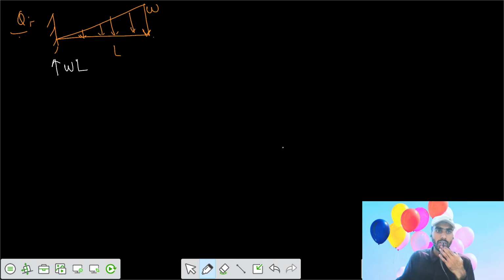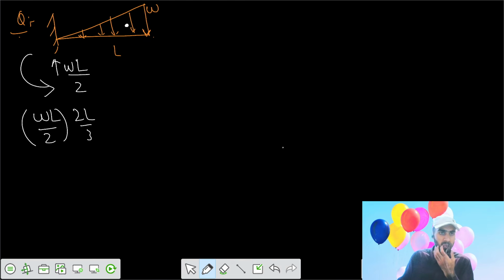So this reaction becomes WL by 2, the area of that triangle, and for the moment, the total load of WL by 2 is acting at a distance of 2L by 3 from your support A. So your bending moment at A equals WL square by 3.